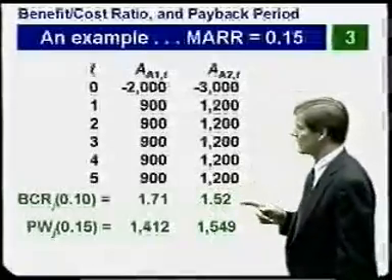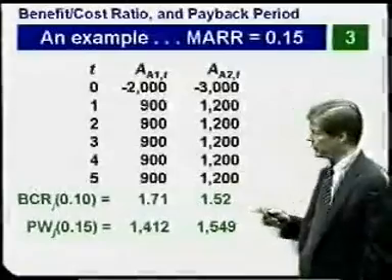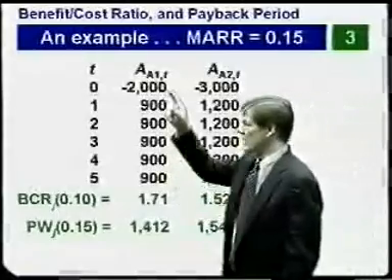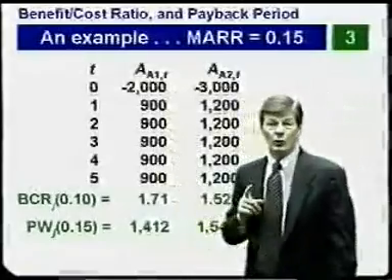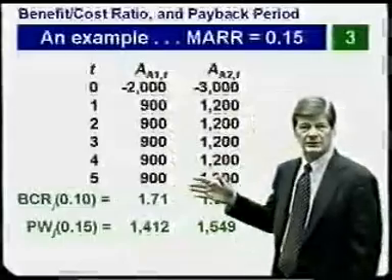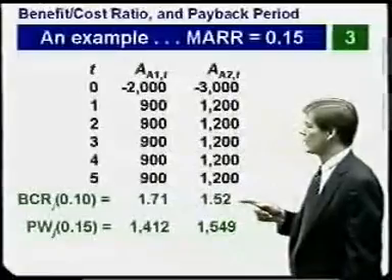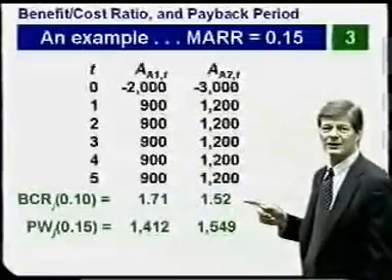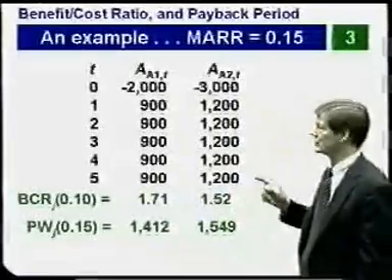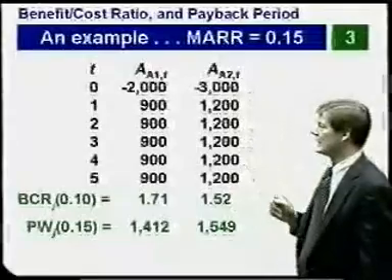On the other hand, they might look at the benefit-cost ratios and notice the benefit-cost ratio for A1 is greater than 1, suggesting it is an economical course of action. The benefit-cost ratio for A2 is greater than 1, suggesting it is an economical course of action.